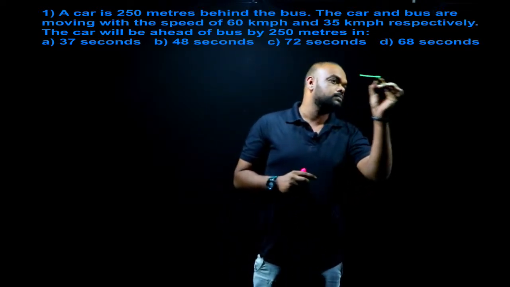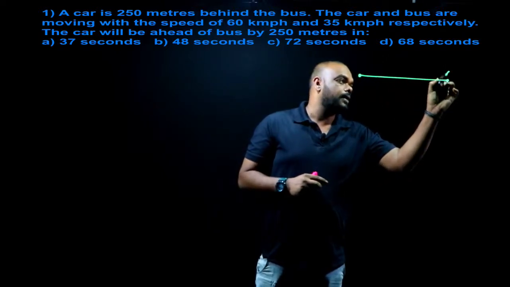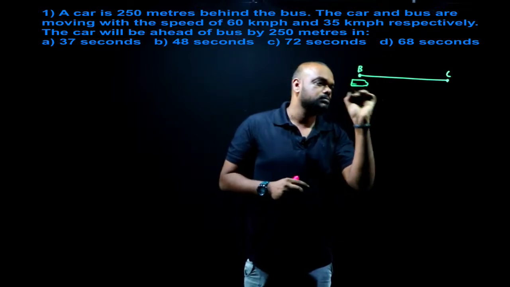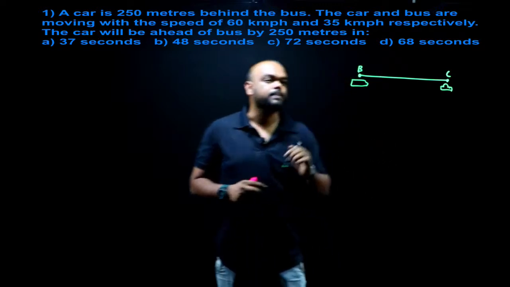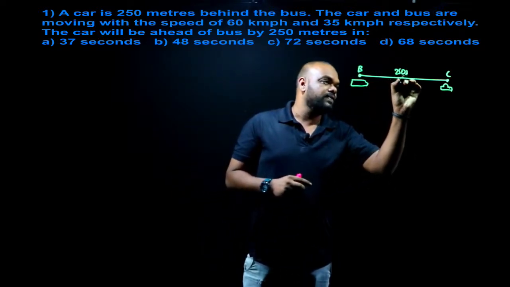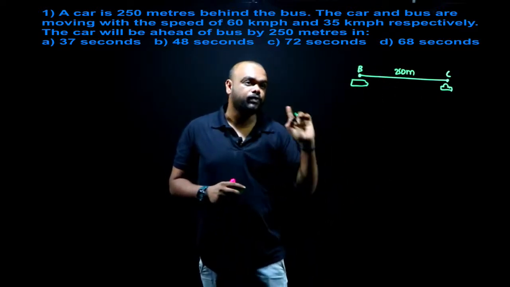Let's say here is the car and here is the bus. Okay, let us say this is the bus and this is the car. 250 meters behind means the distance between them. The initial distance between the car and the bus is 250 meters.